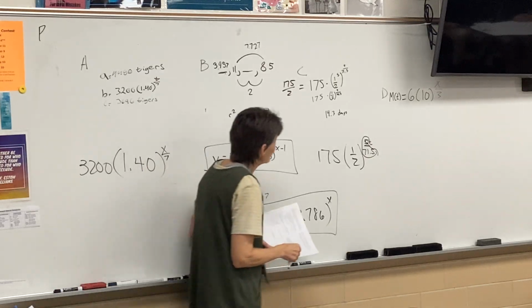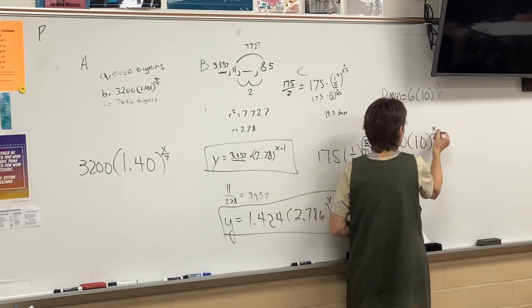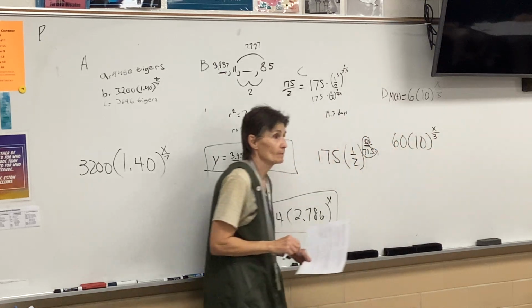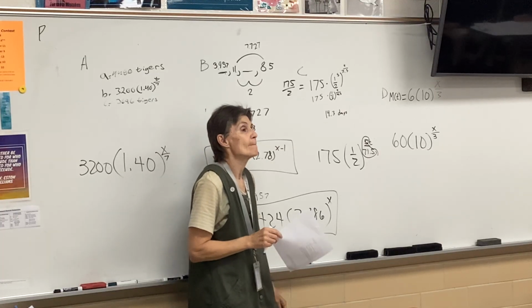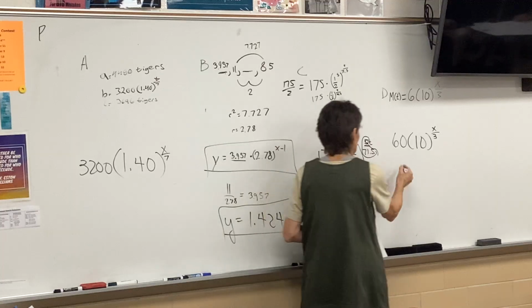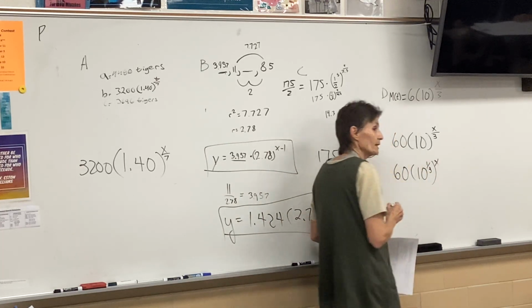And then D, you might not be able to see it because it's under the TV. This is what she came up with. Celeste, is it okay if we already took the cube roots and put 2.154? Absolutely.